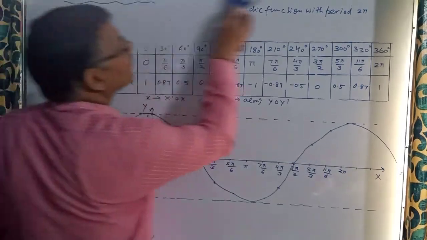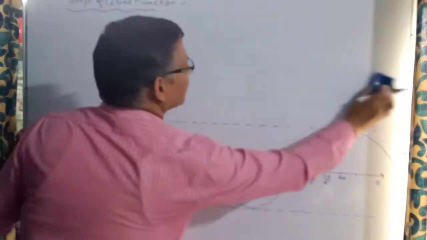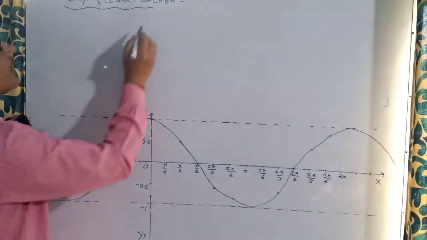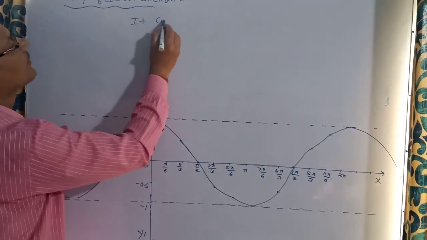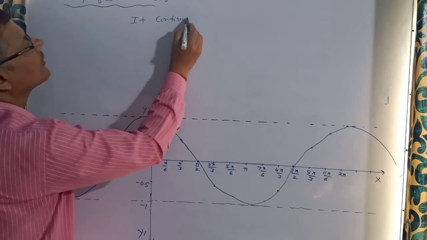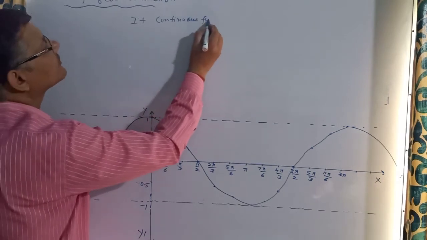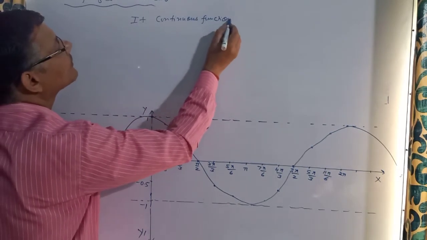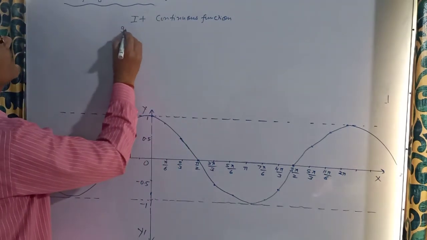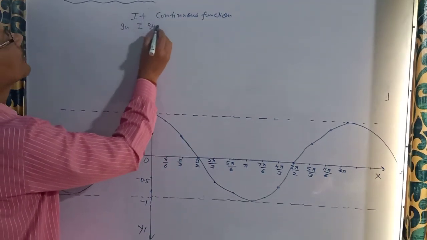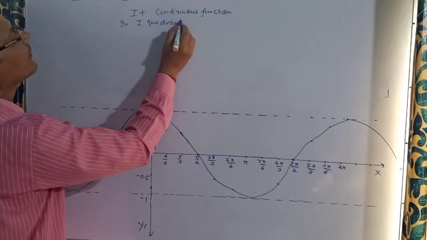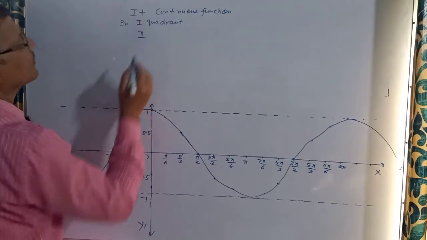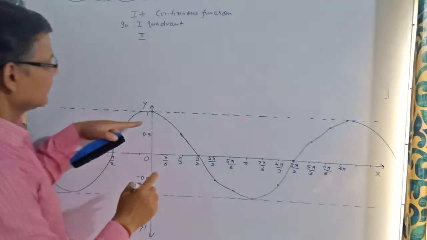Now I want to write its nature. Definitely it is a continuous function. In the first quadrant, what is the change in the graph?